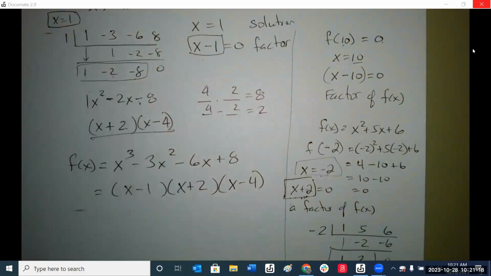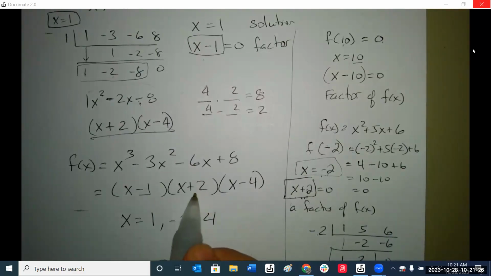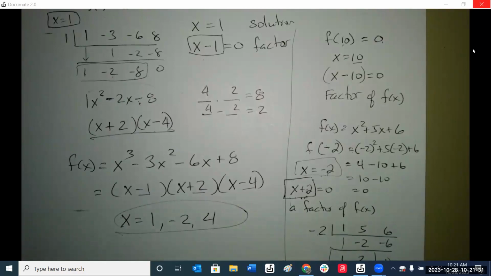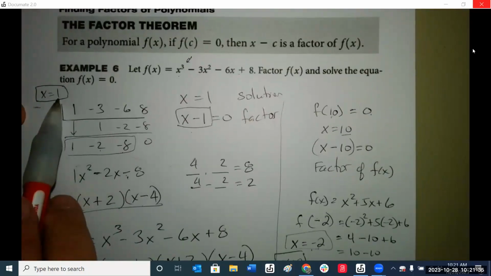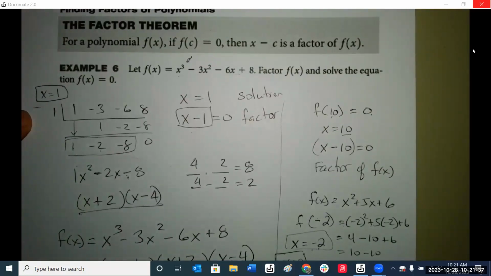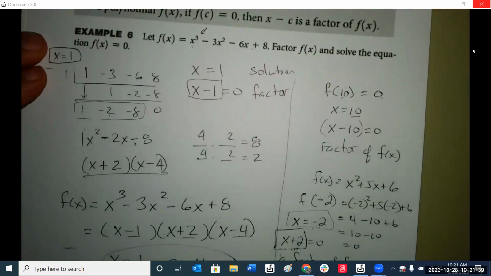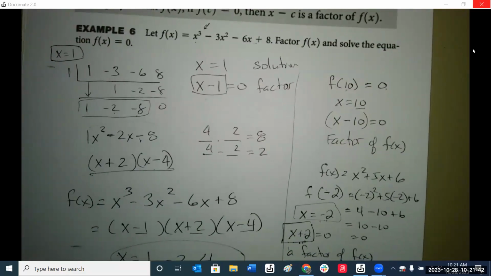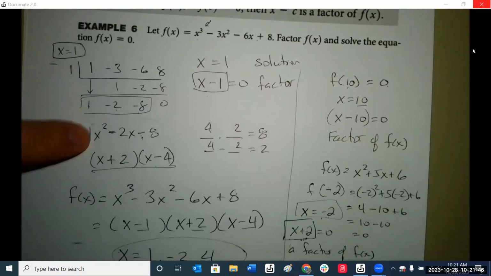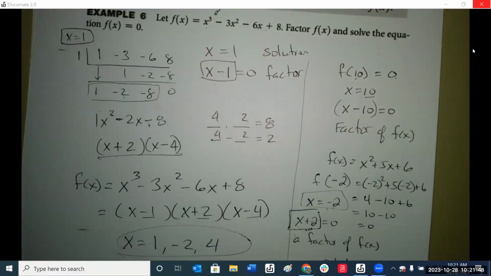Now, since it wanted f of x equals 0, we know the zeros are at 1, negative 2, and 4. Those are my x-intercepts. Now, if 1 didn't work, I would try negative 1. If those didn't work, I'd go to 2, negative 2, 3, negative 3, 4, negative 4, and just keep going down till you find enough so you go down to quadratic equations.